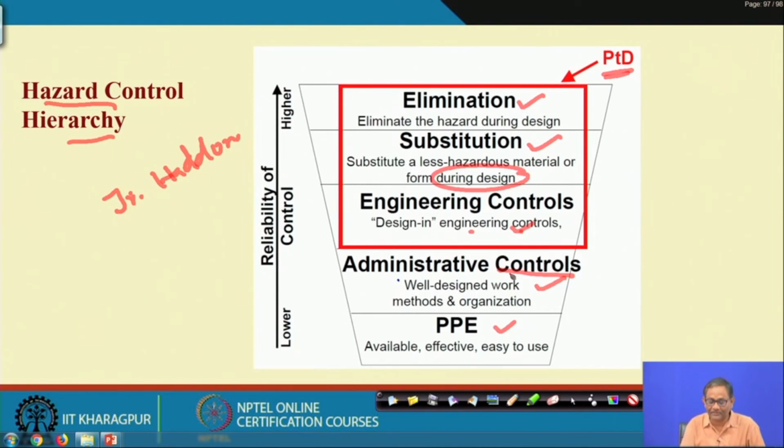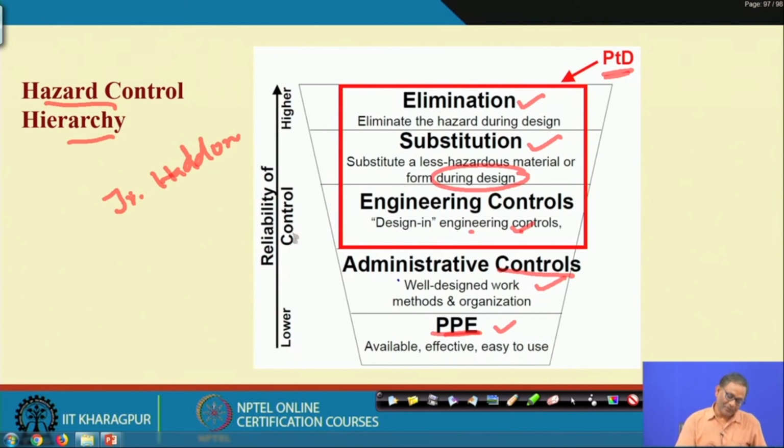SOP must be available, SOP must be adequate, SOP must be followed. How do you know? Only administrative control can do it. Last but not the least, PPE is also important because the occurrence of a hazard is a probabilistic event. Whatever you do, there is a chance. So, PPE must be used. It is basically the least effective, but it is a must.